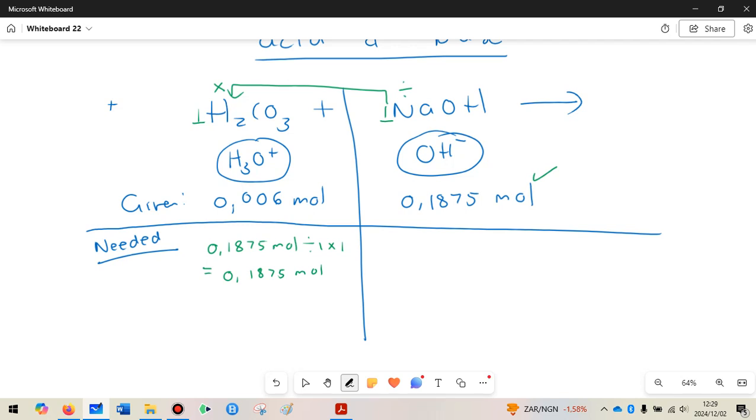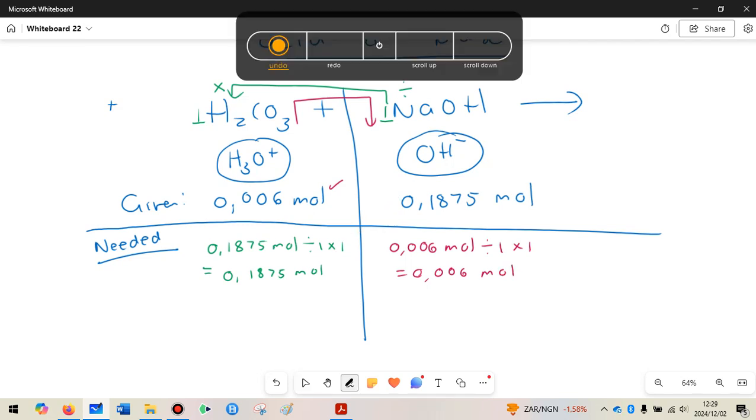Okay, then if I assume that this one is correct, and I do mole ratio and I say 0.006 mole, and I'm dividing by the one I'm with, times by the one I'm going to, so divide by 1 times by 1, which gives me 0.006 mole of hydroxide or sodium hydroxide. Then let's check within the column. Please don't ever compare across columns.